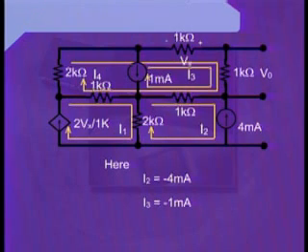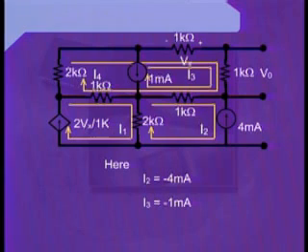Similarly, we can inspect the mesh number 3. When we inspect the mesh number 3, we just ignore the super mesh and we concentrate only upon the mesh number 3. The current passing through the mesh number 3 is I3, which we have already declared.